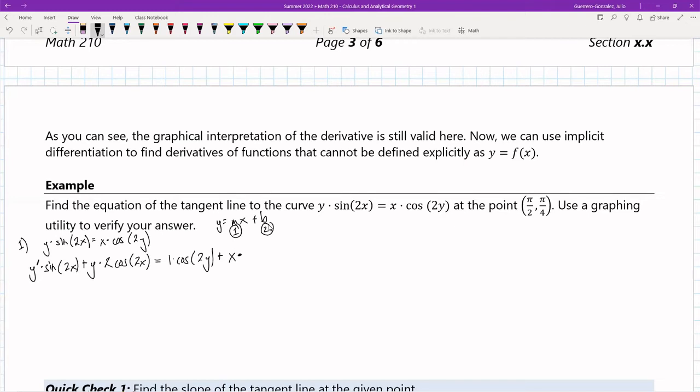So here we go. The derivative of cosine is going to be negative sine of 2y. This is a chain rule, right? So then I need to take the derivative of 2y, which is going to be times 2y prime. Okay.